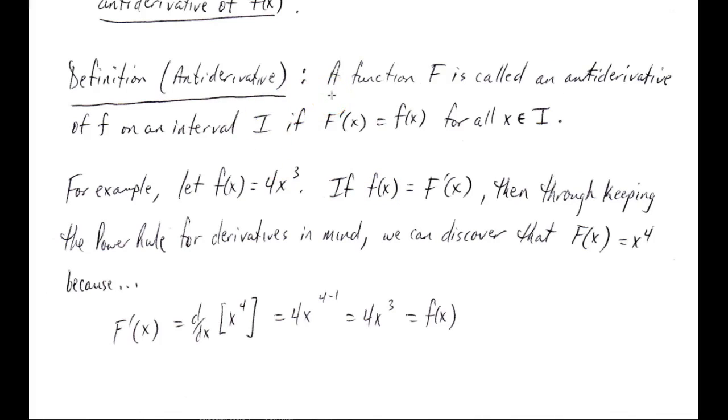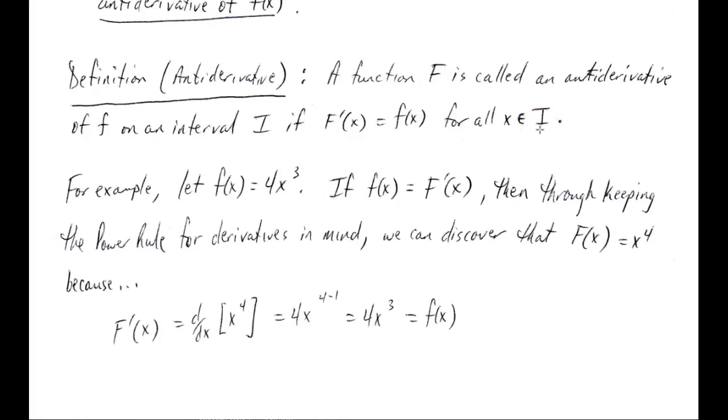So here we have, if a function, and I'll just call this big F, is called an antiderivative of little f on an interval I if the derivative of big F is equal to little f for all values of x that are within this particular interval that we're talking about.